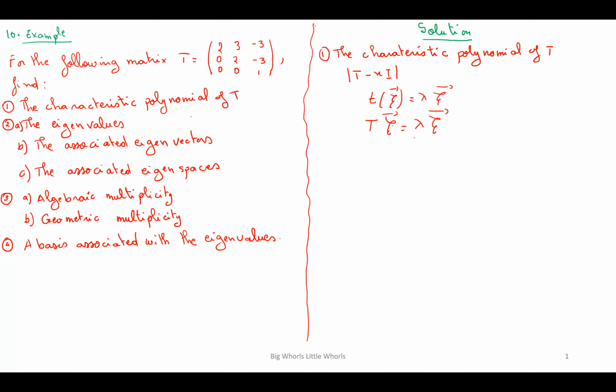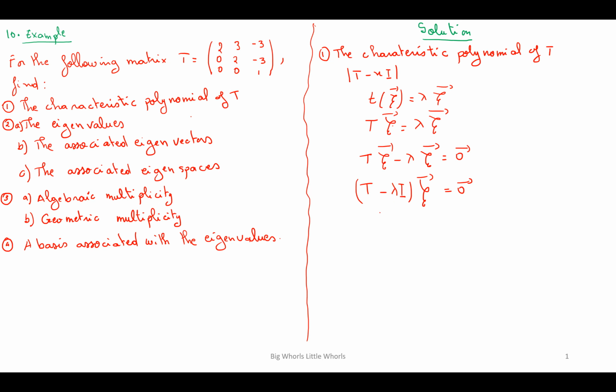Okay, so here what I'm going to do is to bring lambda zeta to the right hand side. So we have T zeta minus lambda zeta, which is equal to 0. Okay, so I'm going to factorize T. They have zeta in common. Minus lambda, I can't just write minus lambda because lambda is a scalar, so I can't take a scalar from a matrix. So I'm going to turn the lambda into a matrix. So I'm going to write lambda I.